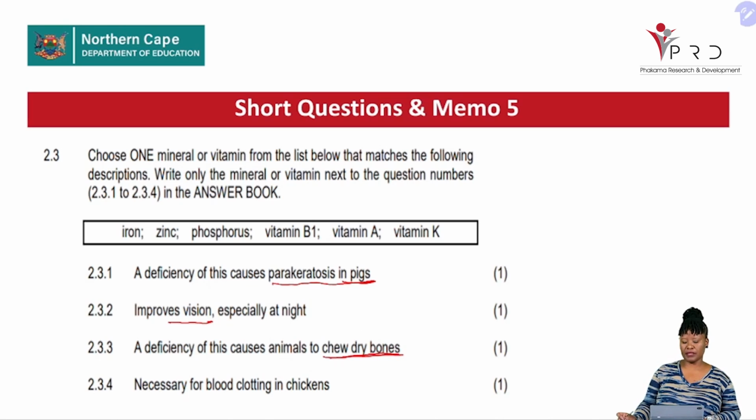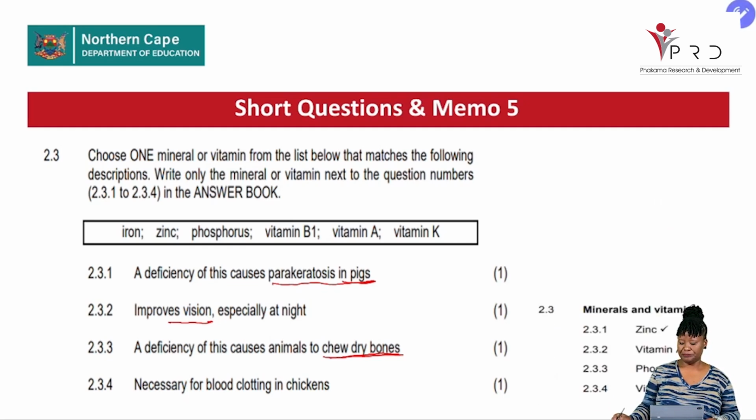When you talk of pica, a deficiency of this causes animals to chew bones. Refer to your previous activities because we are not talking about it for the first time. Necessary for blood clotting in chickens. Which mineral or which vitamin addresses that?